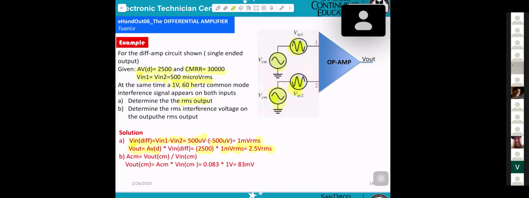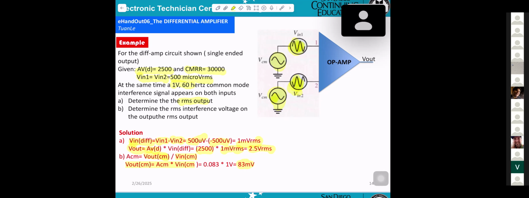And ACM, the gain of the common mode, equals V out divided by V in common mode. So V out common mode equals ACM times V in.